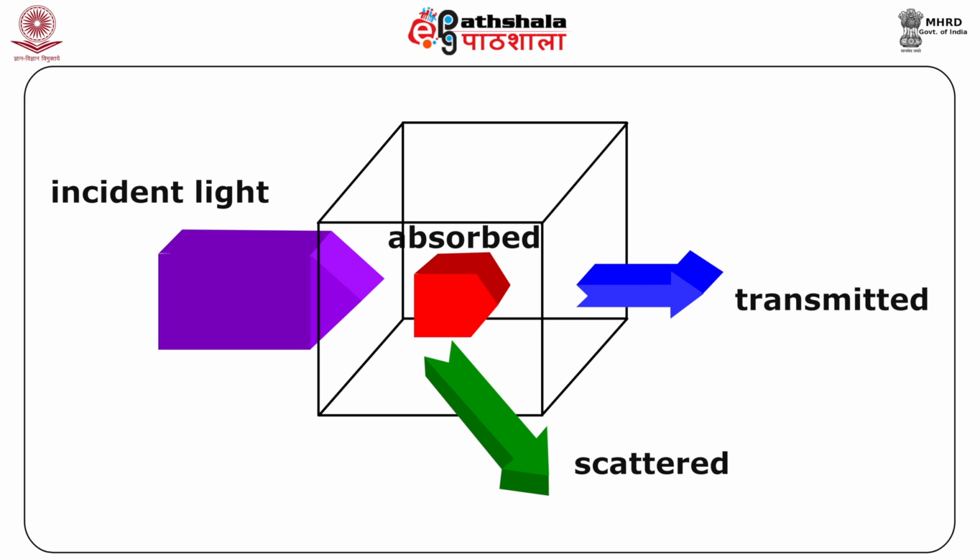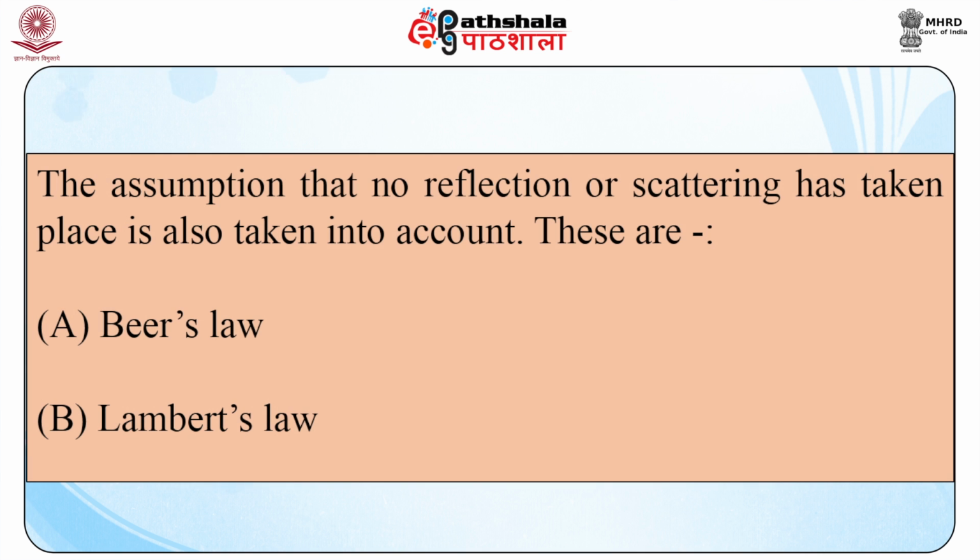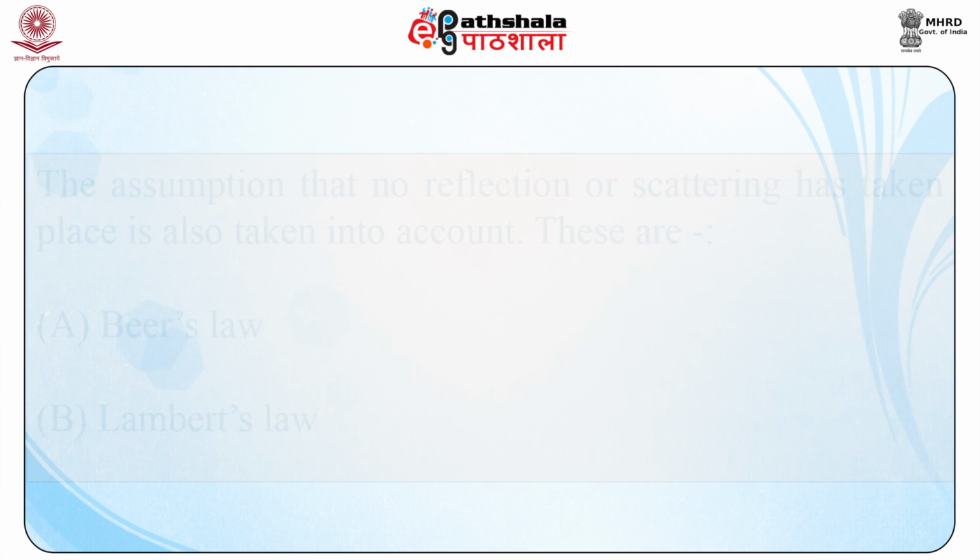Whole of this is represented in the figure. The assumption that no reflection or scattering has taken place is also taken into account. The two laws are namely, first is the Beer's law and the second is the Lambert's law.